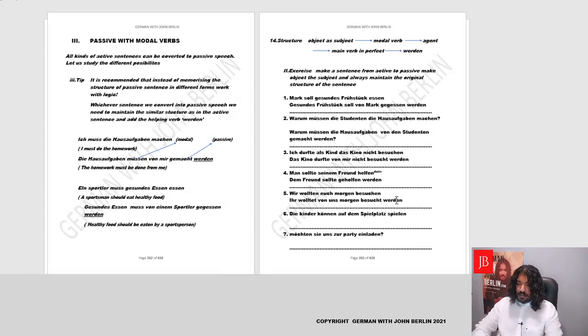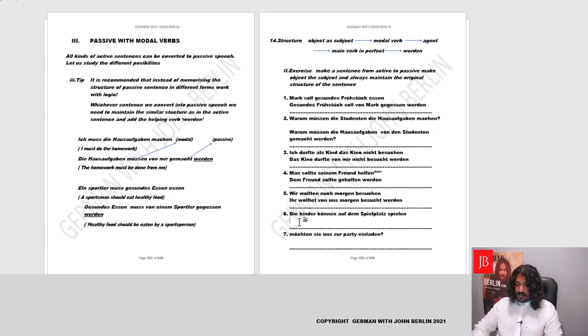Okay, so die Kinder können auf dem Spielplatz spielen. Here we look at the verb spielen, an intransitive verb. There is no direct object. There is just a dative preposition here, auf dem Spielplatz.